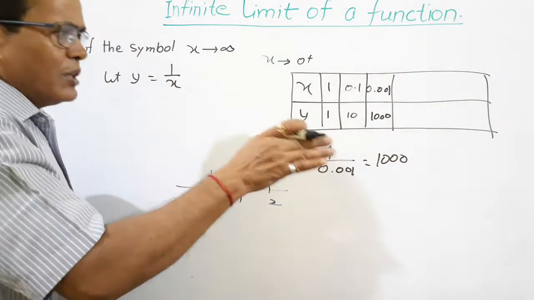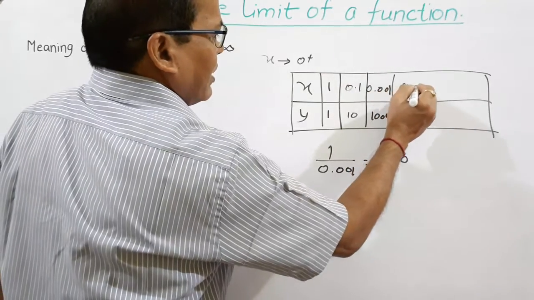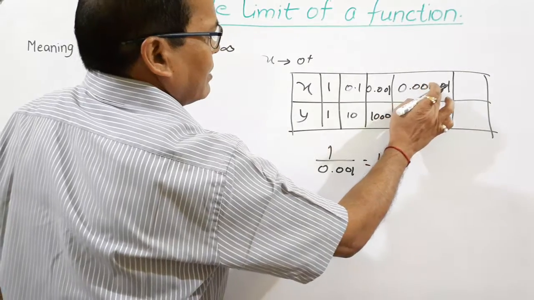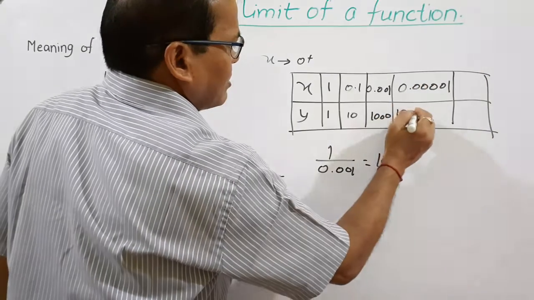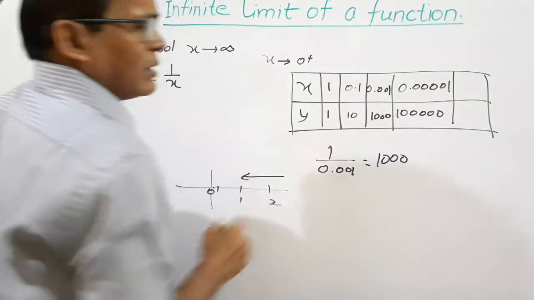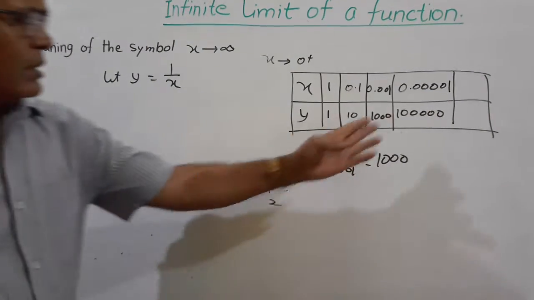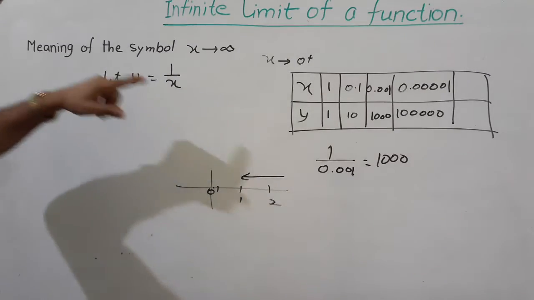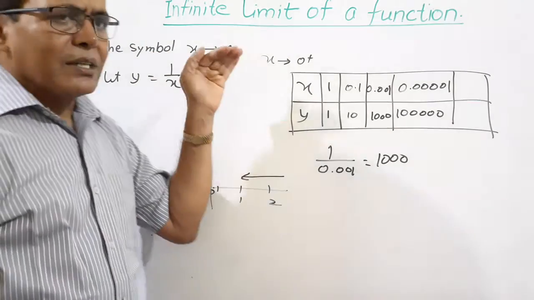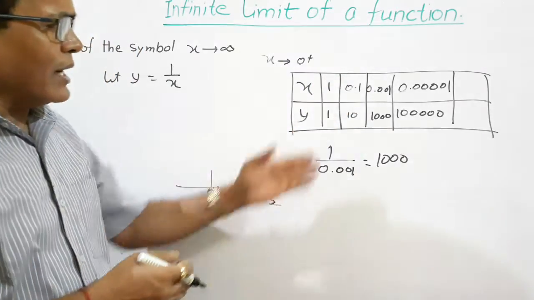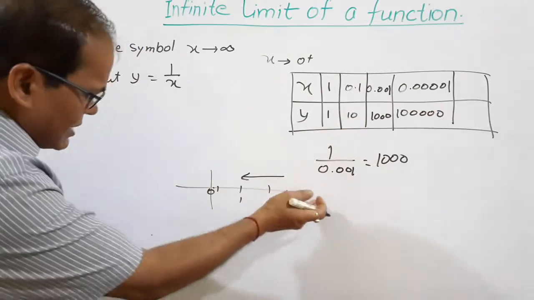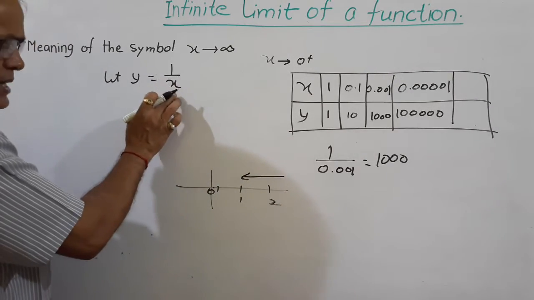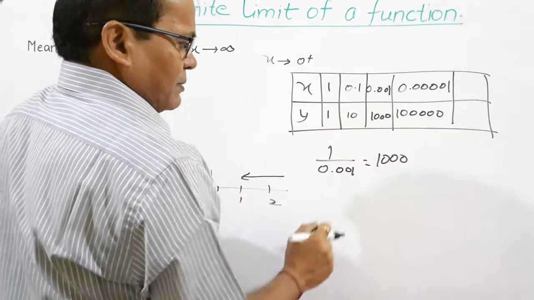Again, if it is closer to 0, say 0.00001, with 5 decimal places, then you are getting 10 to the power 5, which means 1 lakh. So if the x value is approaching 0 from the plus side, then the y value, the function of x, is approaching infinity.